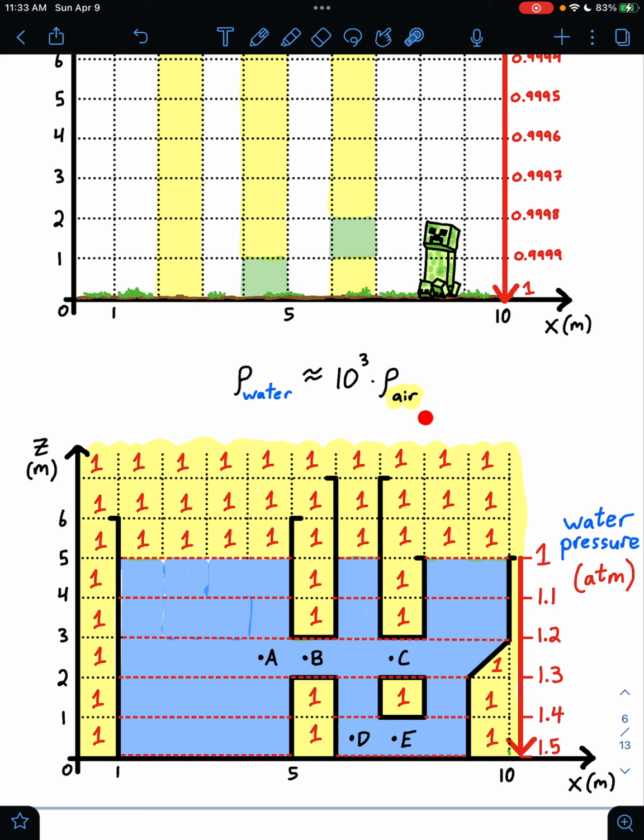Water being 1,000 times more dense than air results in the increase in pressure with 1 meter of depth of water being 1,000 times greater than the decrease in pressure with 1 meter increase in altitude in the air. It's 0.1 atm, which is 1,000 times greater than 0.0001 atm in the gas.